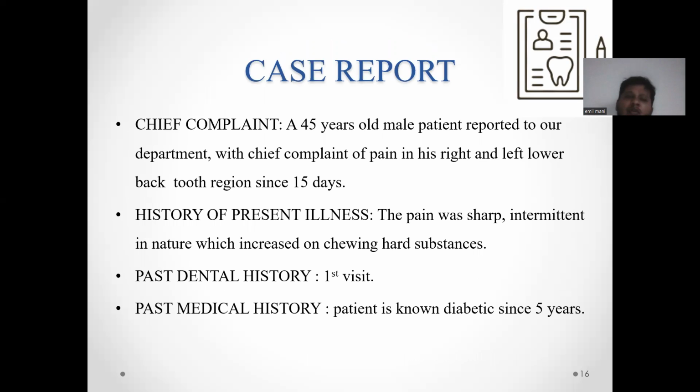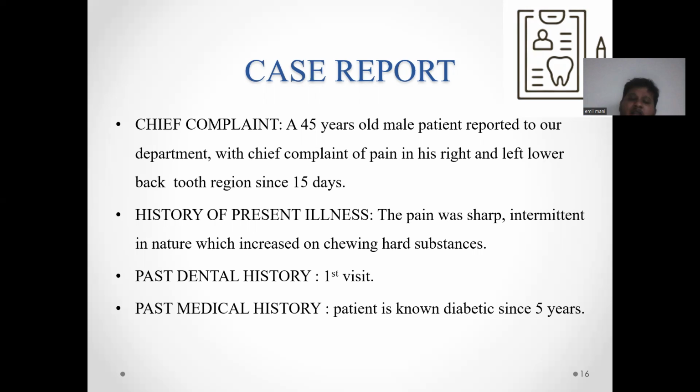Coming to the case report, a 45-year-old male patient reported to our department with chief complaint of pain in his right and left lower back tooth region since 15 days. History of present illness include pain was sharp, intermittent in nature, which increased on chewing hard substances. It was patient's first dental visit.